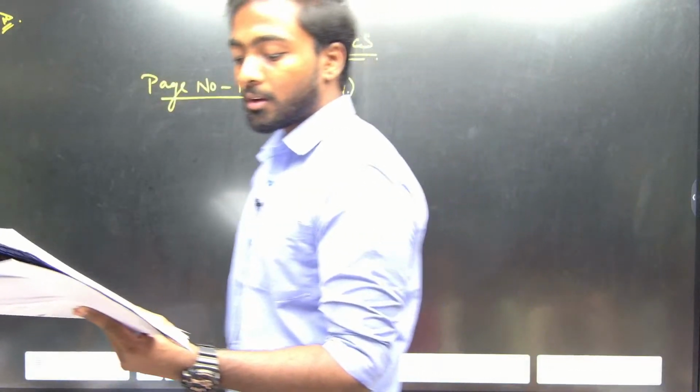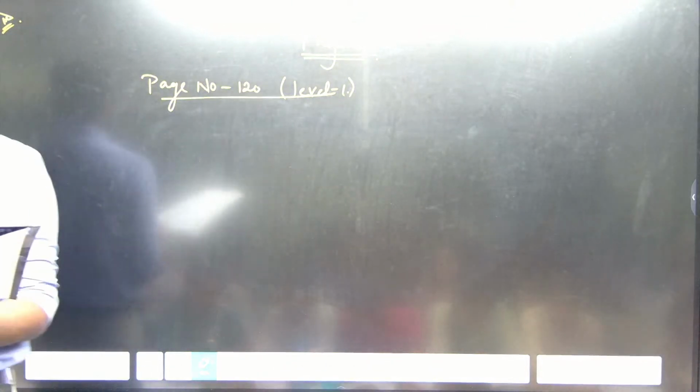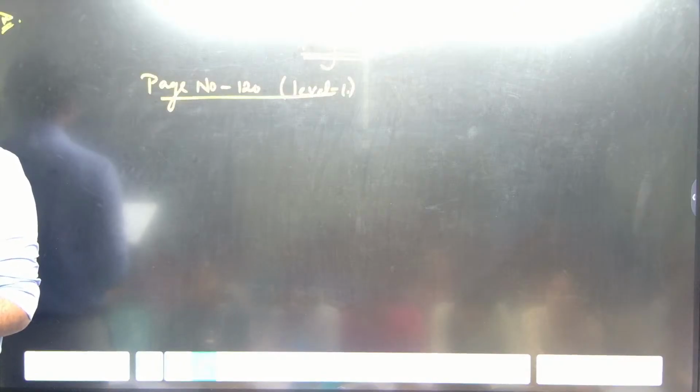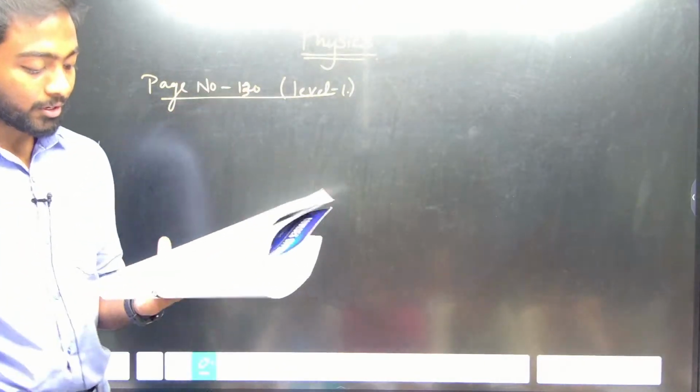Okay. So the first question they are talking about the critical temperature of CO2 is 31.2 degrees Celsius. In summer the room temperature is 40 degrees Celsius. Page number 130. Sorry, 130.